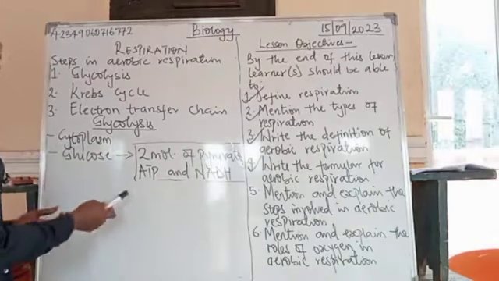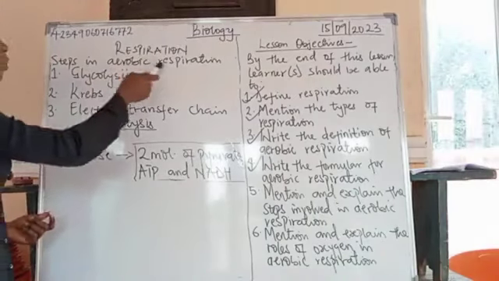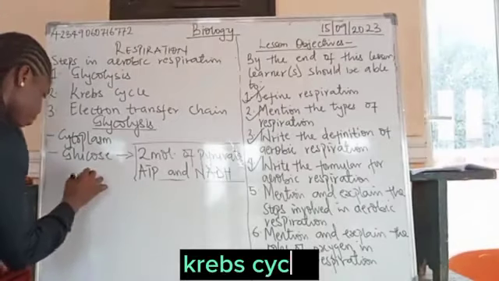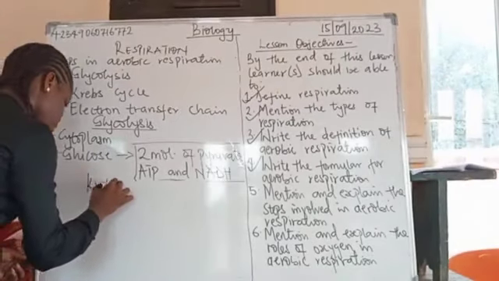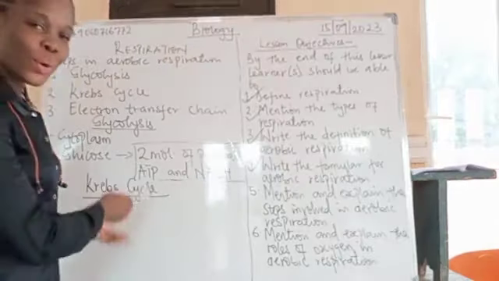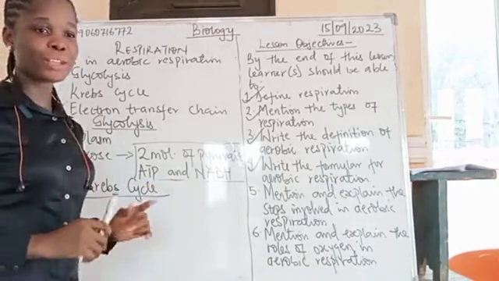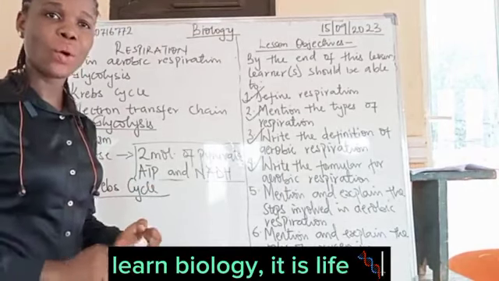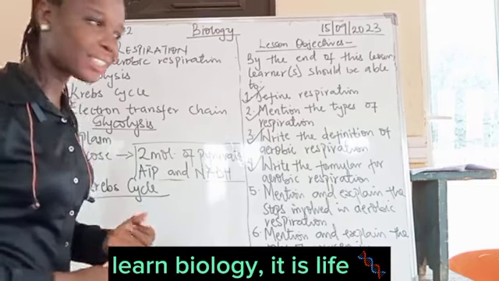Now, we go over to the second stage of aerobic respiration, which is the Krebs cycle. If you don't want to call this the Krebs cycle, you can also refer to it as the citric acid cycle or the tricarboxylic cycle.